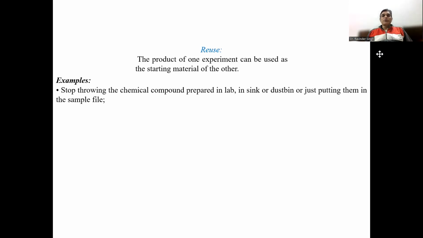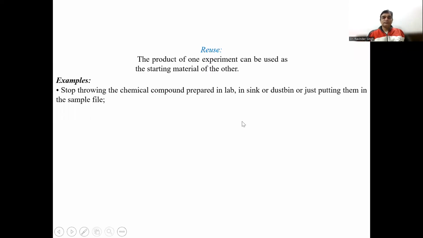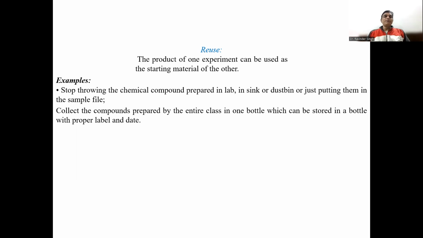For example, stop throwing the chemical compounds prepared in the lab in the sink or in the dustbin, or just putting them in the sample file. Collect the compounds prepared by the entire class in one bottle, instead of throwing all the product in the sink or dustbin. It can be stored in a bottle with proper labeling and the date on which we prepared that compound, and can be used in another synthesis.